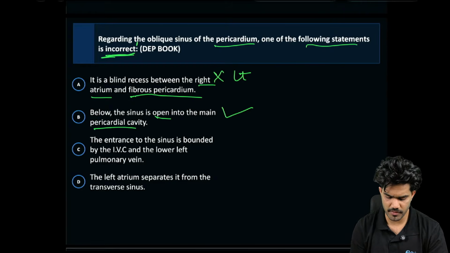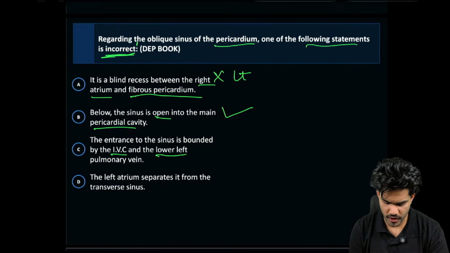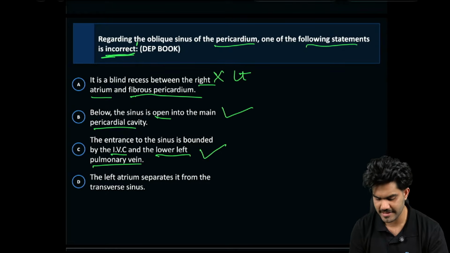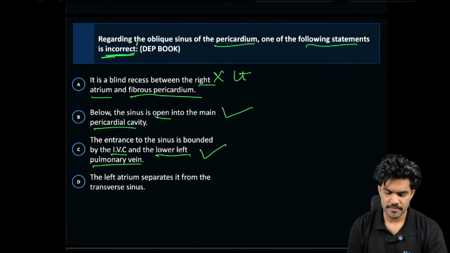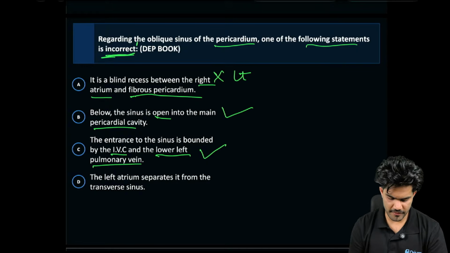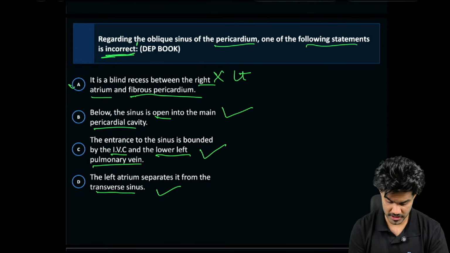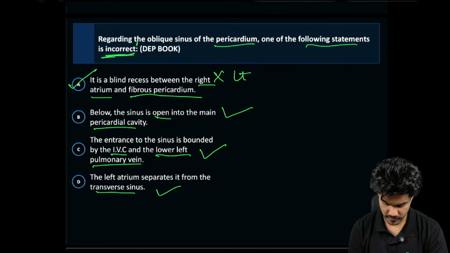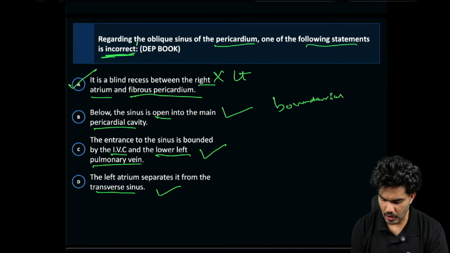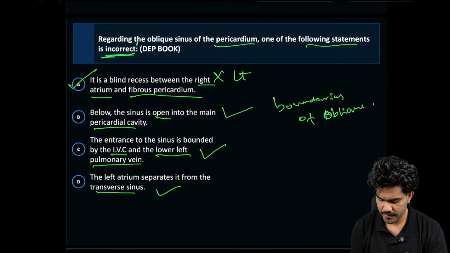Yes, it is opening into. The entrance of the sinus is bounded by IVC and lower left pulmonary vein. Yes, it is also bounded by lower left pulmonary vein and IVC entrance. The left atrium separates it from transverse sinus. Yes, it is true. So the wrong statement will be A. Okay, you have to see the boundaries of oblique sinus.